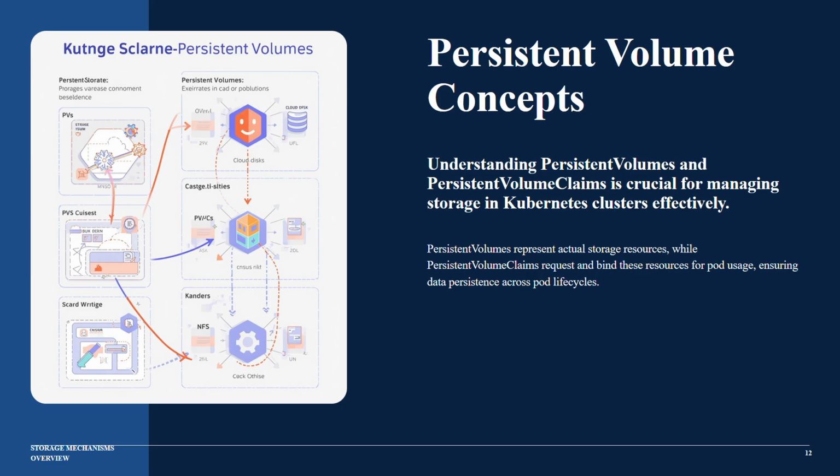Persistent volume concepts. Understanding persistent volumes and persistent volume claims is crucial for managing storage in Kubernetes clusters effectively. Persistent volumes represent actual storage resources, while persistent volume claims request and bind these resources for pod use, ensuring data persistence across pod life cycles.